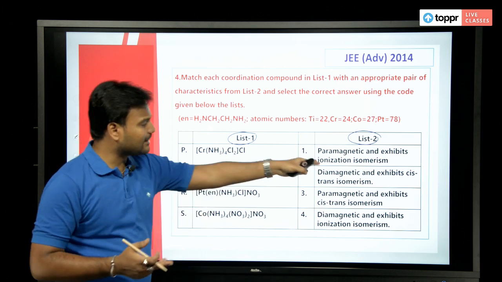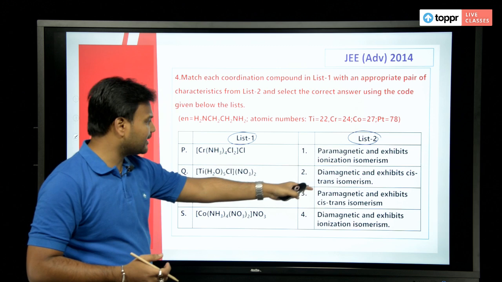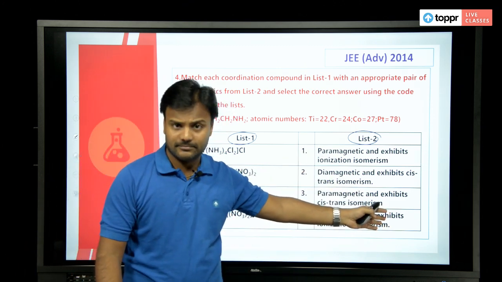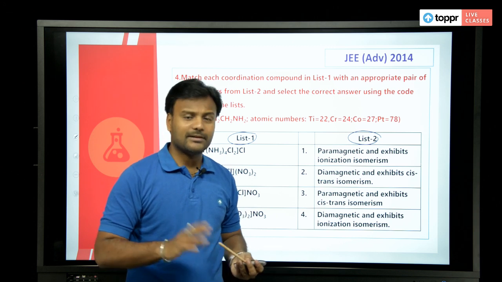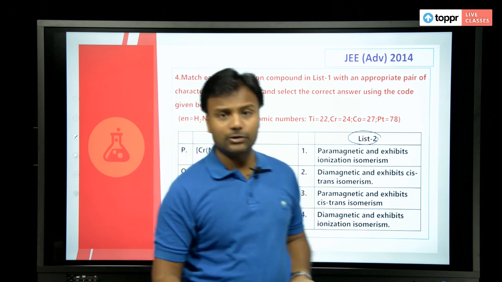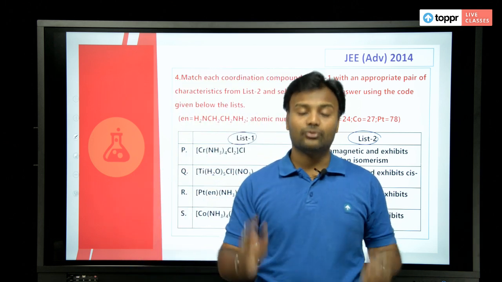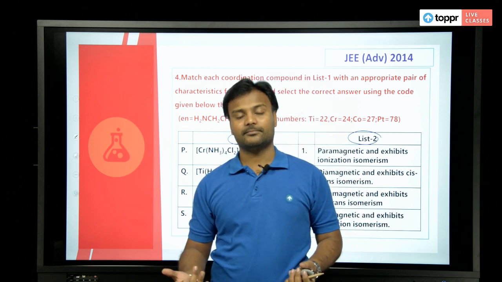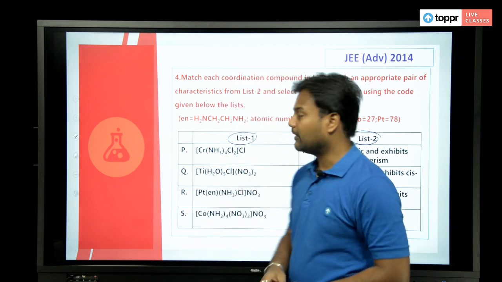They are asking whether the compounds are paramagnetic or diamagnetic, or what kind of isomerism they exhibit. So apart from finding out the number of electrons, you need to know the isomerism also, the structural isomerism and the stereoisomerism, right? We will look into it.